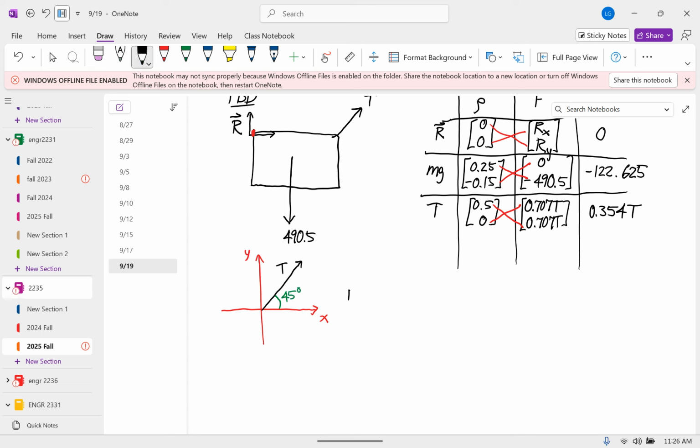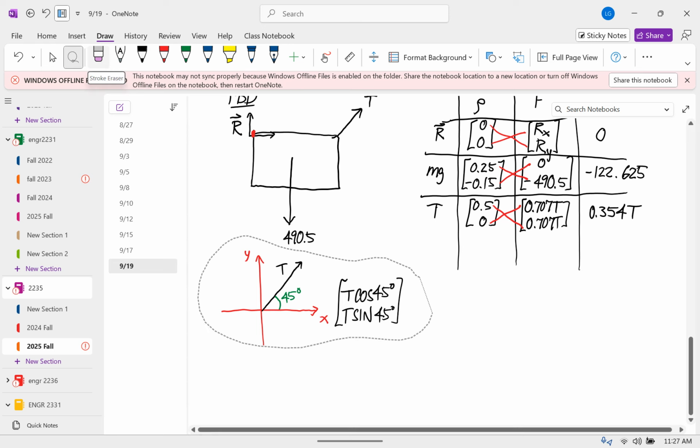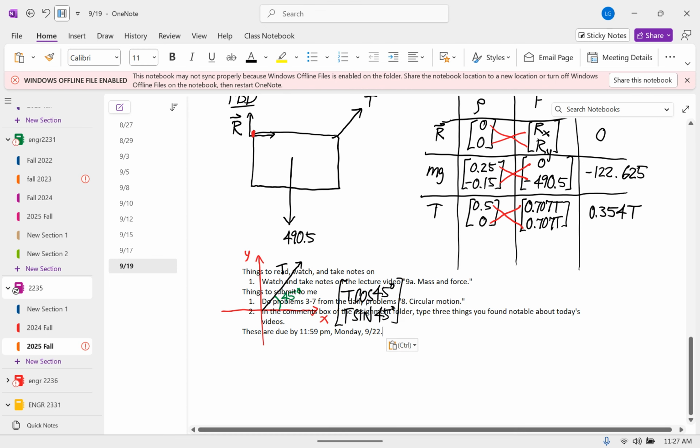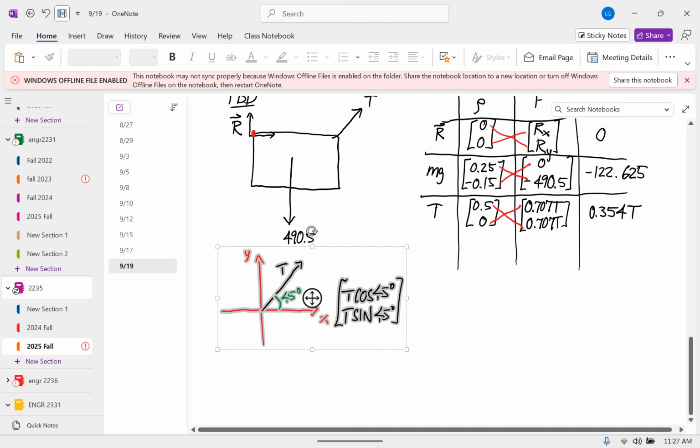So that vector is T times the cosine of 45, T times the sine of 45.